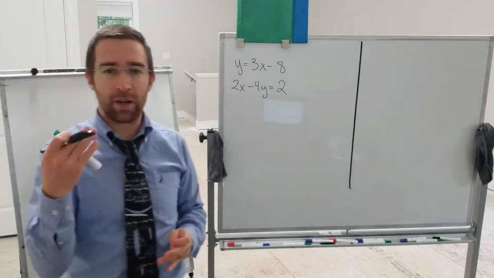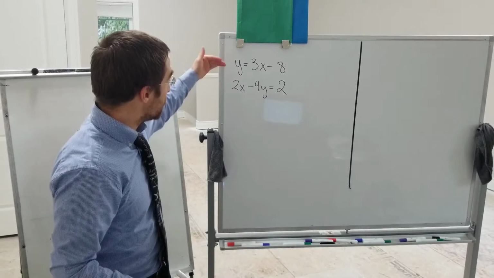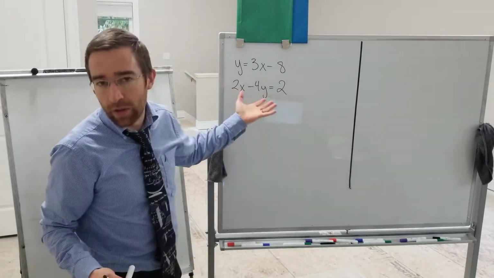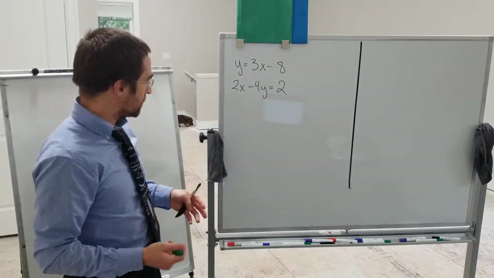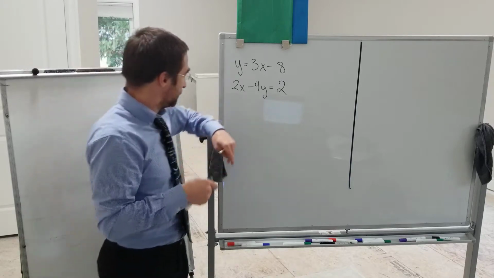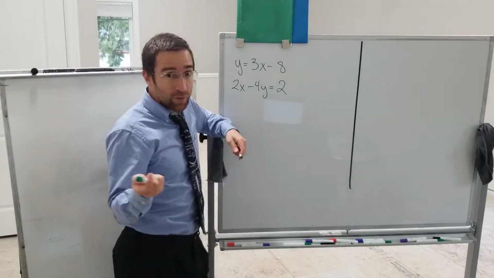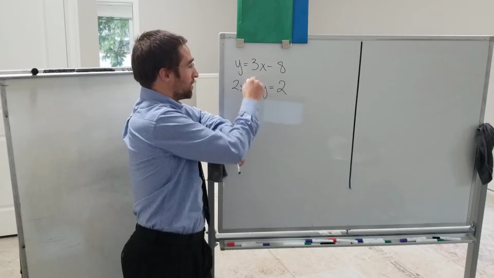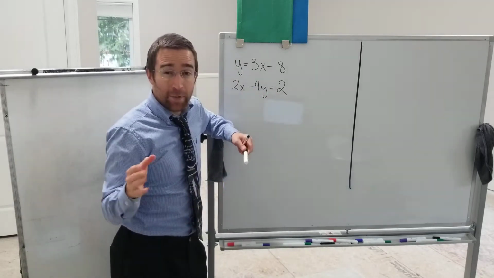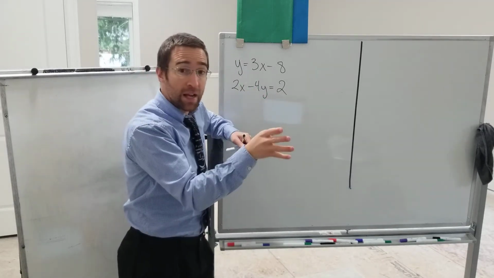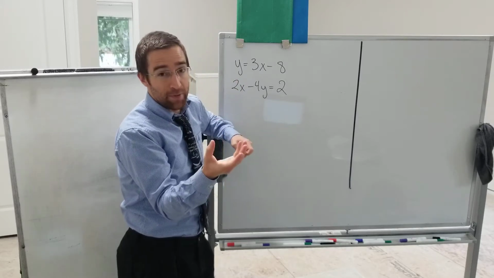In other words, if I put the numbers in for x and y, both of these equations would still be equal on each side. So to do this, I notice this is y equals 3x minus 8. That means y and 3x minus 8 are the same thing.